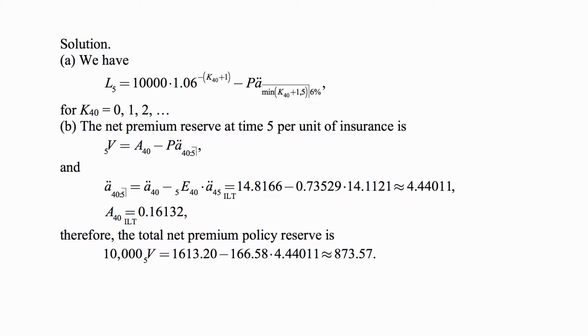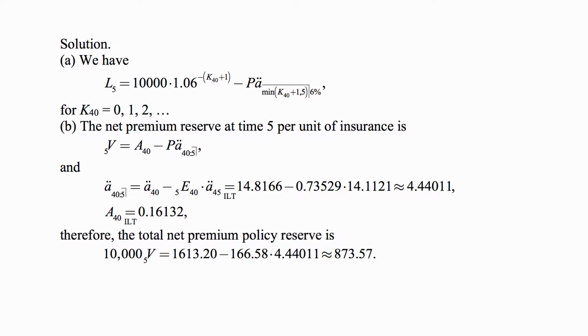And all of these values are in the illustrative life table, so we plug them in and we get 4.44011. And A40, big A40, per unit is 0.16132. Now in the table it's actually 1000 times A40 that is given, but it's okay, you can easily translate it to this.